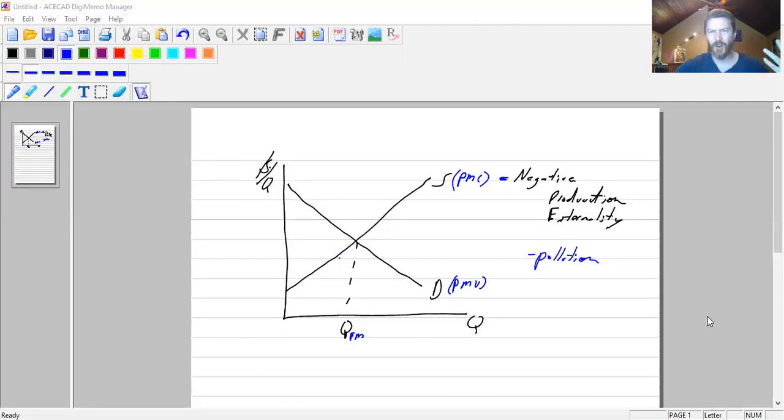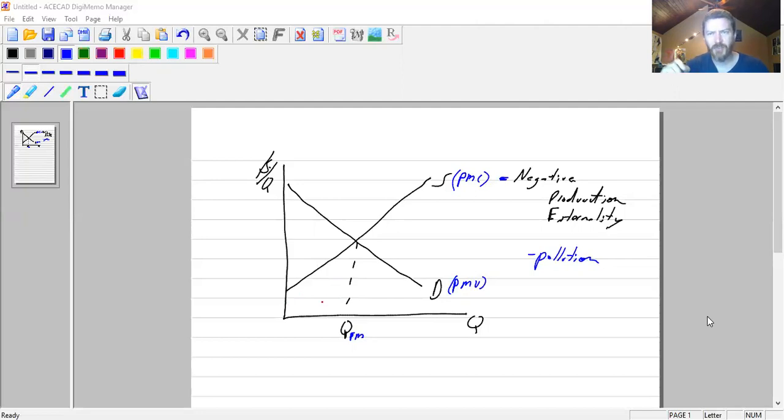We have this other cost out there in the form of pollution that nobody's paying attention to. Here we're going to assume that for every unit of production, there is a flat additional external cost associated with that unit of production. I could draw it on here, but I'm not going to bother to draw it just to keep the figure clean.